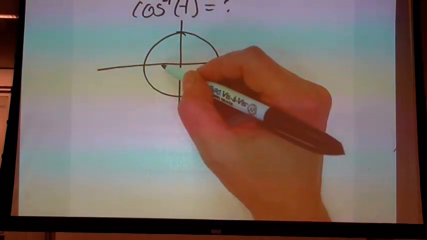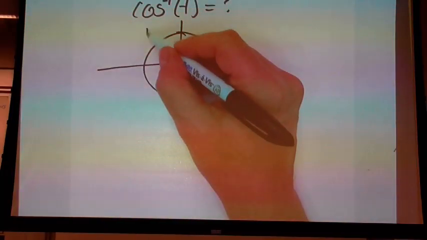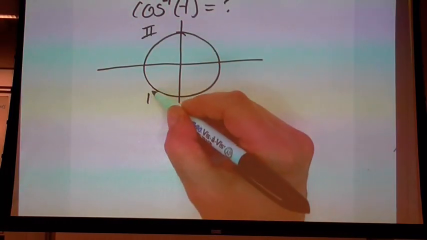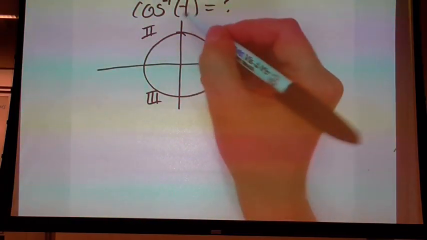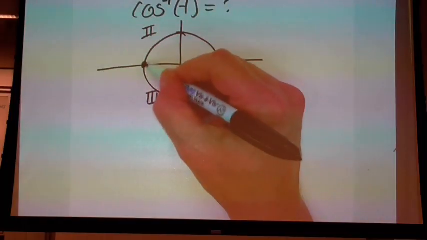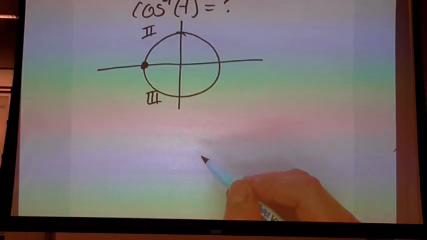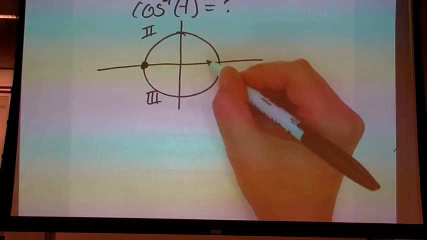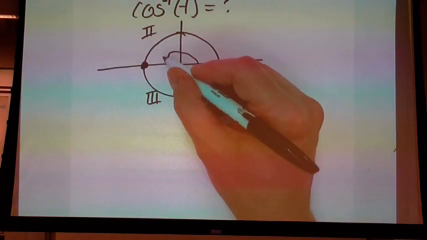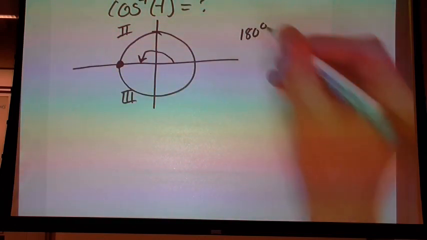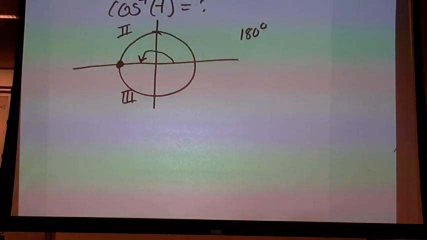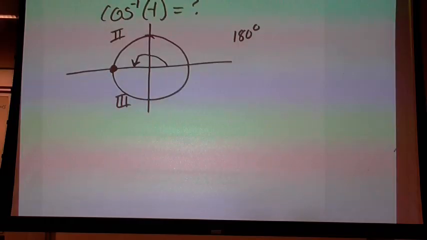Well, the cosine is the x-coordinate, so it's going to be negative in quadrants 2 and 3. However, where is it minus 1? It's only minus 1 in one place. That's over here. So, what is this angle here? We'll use degrees now, 180 degrees, right? But that's the principal value, the value you can come up with using your calculator.